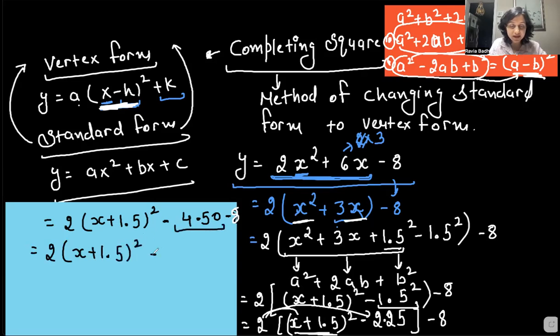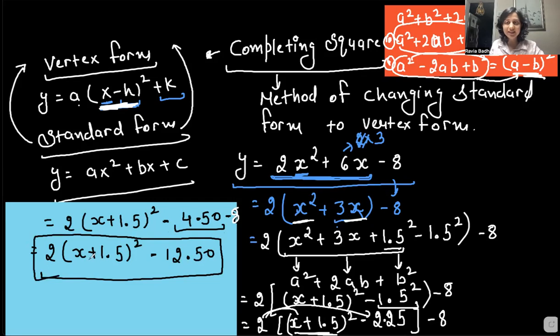Both are negative. I'll add them, 12.50. So this is my final vertex form. From here, I can easily find out my vertex, which is minus 1.5 and minus 12.50. This is the vertex.